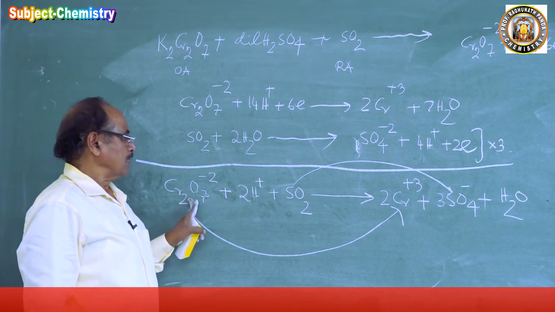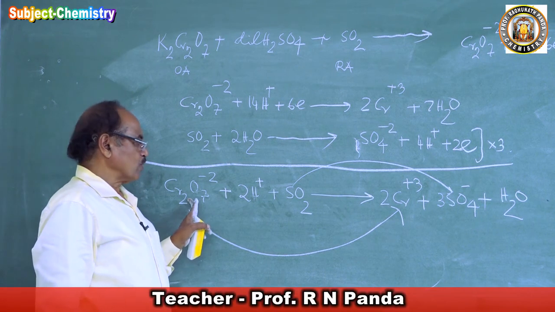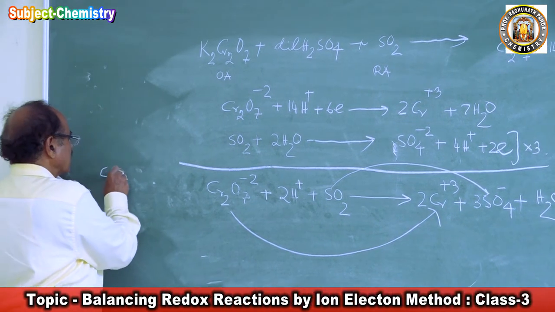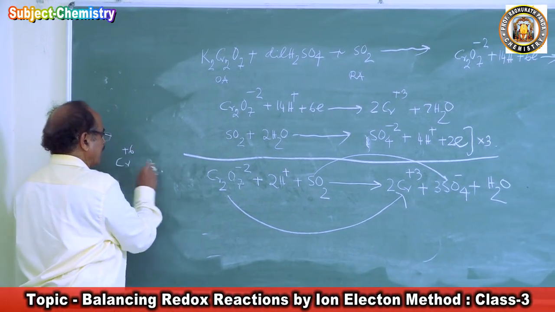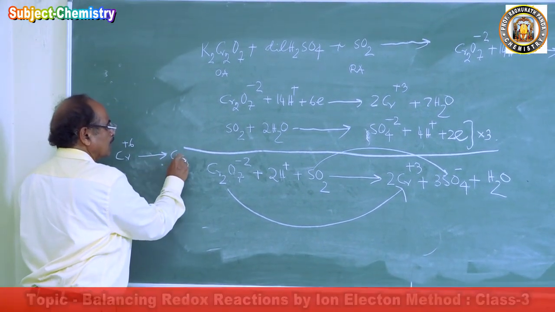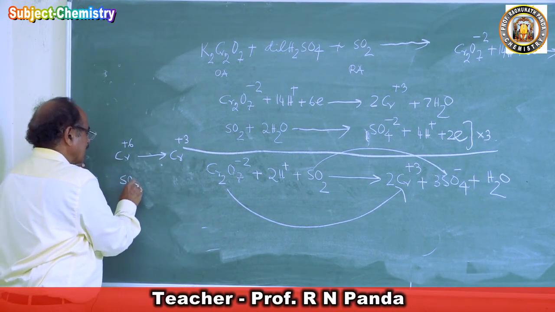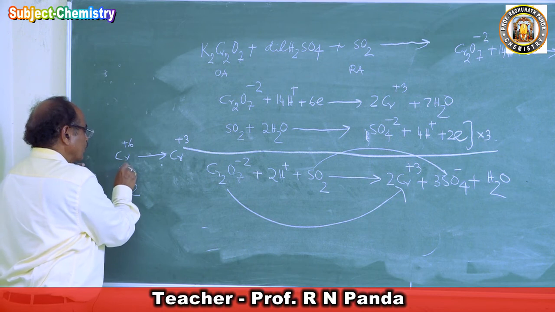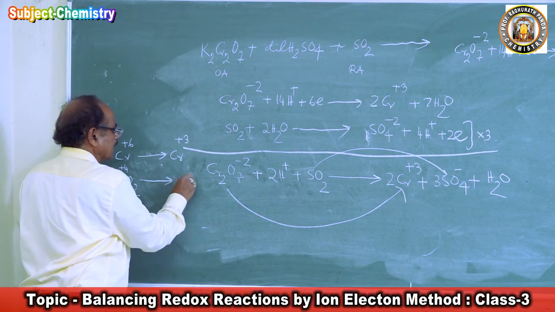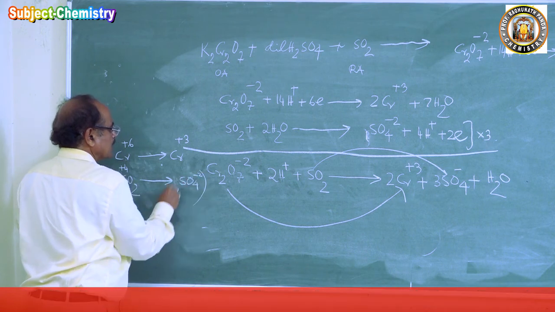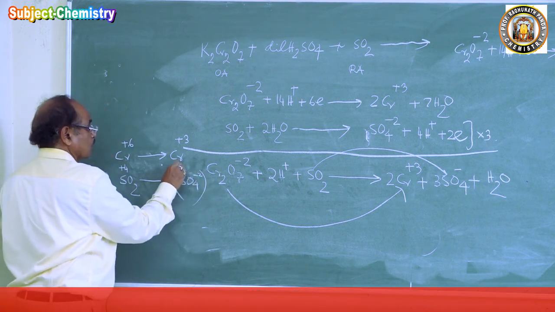Potassium dichromate oxidizes. What is happening here? The oxidation number of chromium is plus 6 in potassium dichromate, becoming Cr plus 3. The oxidation number of sulfur in sulfur dioxide is plus 4, and in sulfate it is plus 6.